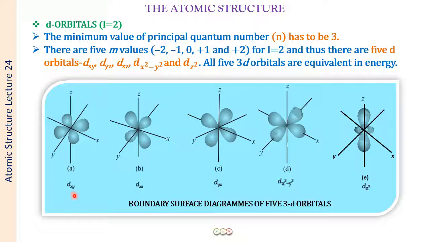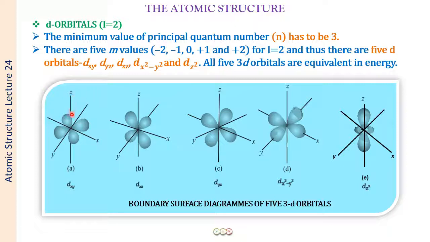These 3, dxy, dxz, and dyz, are all similar in shape. If we have dxy, you take the two coordinates x and y, and in between x and y draw the 4 lobes, this way. Remember that these lobes do not come on the z axis.